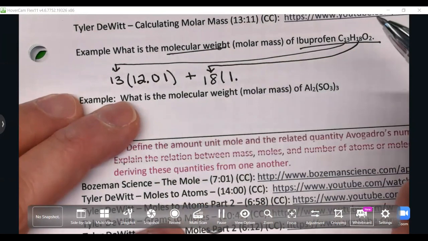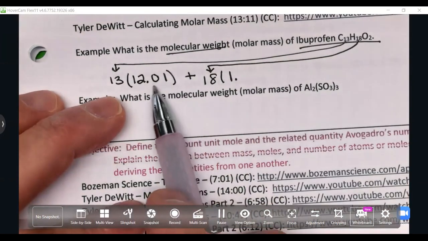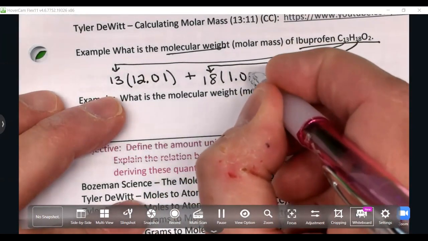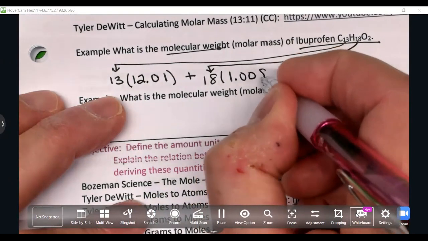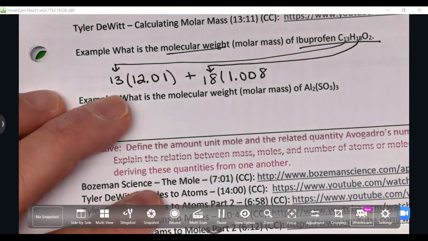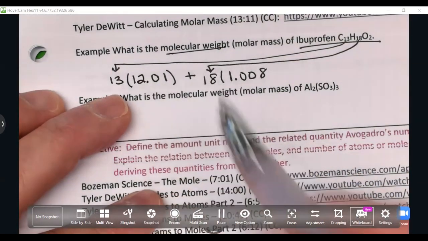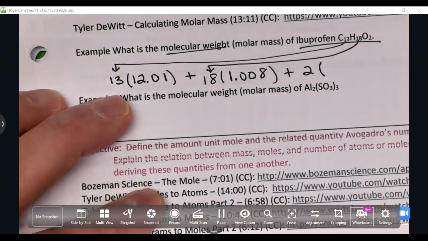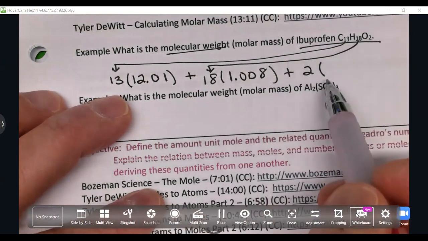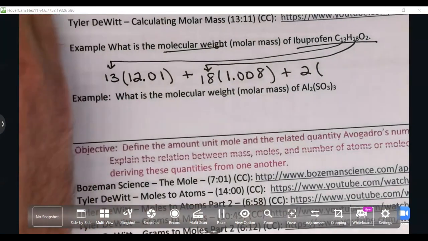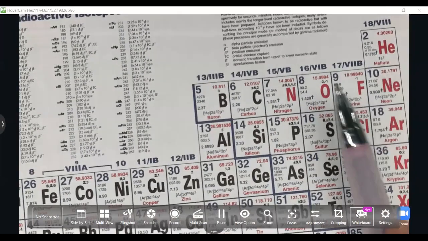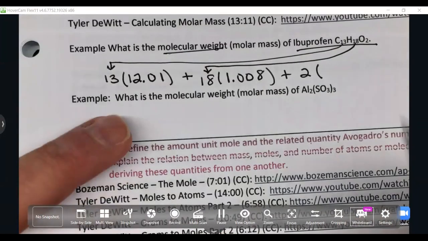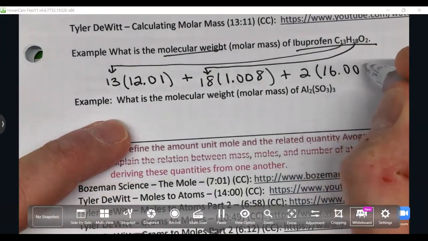And here's where we get messed up. I like to do 2 decimal places, except for hydrogen. I like to do 4 just on the hydrogen, because that keeps 4 sig figs. And then we've got 2 oxygens. So oxygen, 15.9994. We're going to round that to 16.